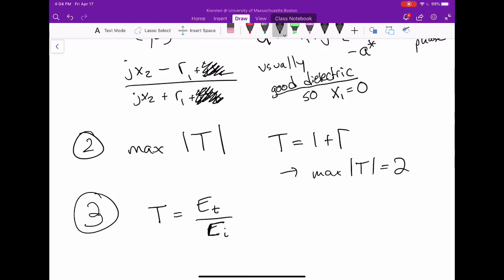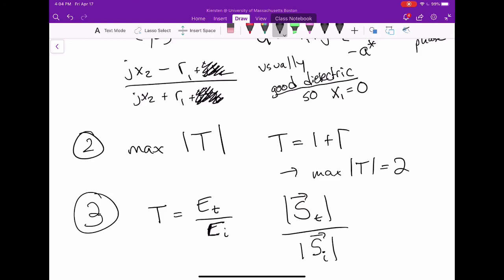So if you end up with a transmitted electric field that is greater than the incident electric field, that's fine. You still won't end up with a transmitted Poynting vector whose magnitude is greater than the incident Poynting vector.